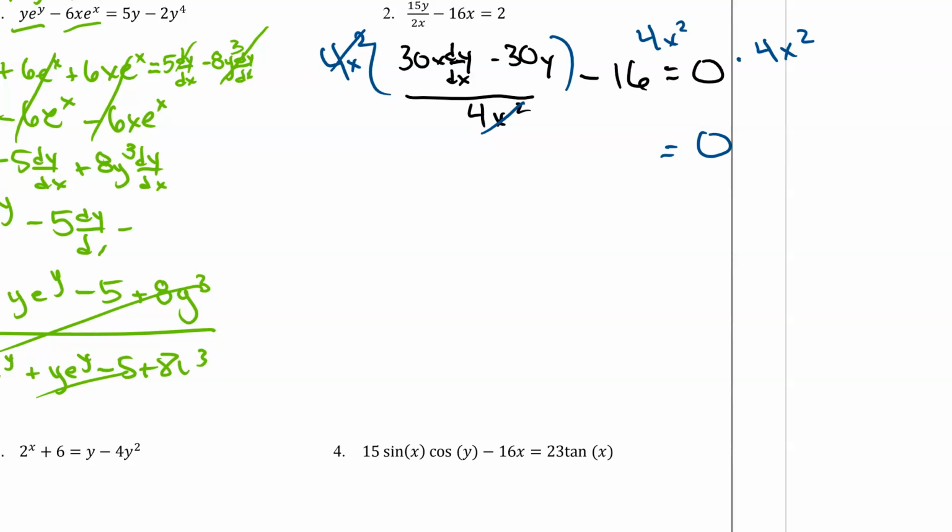So I've got 30x dy dx minus 30y minus 4 times 16, 64, x squared. Move our terms.